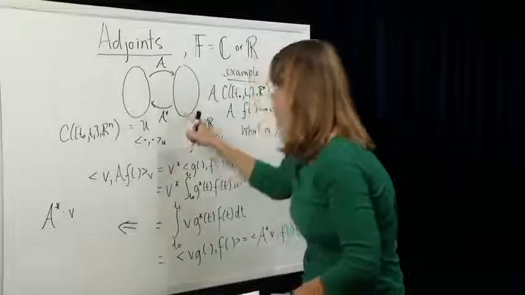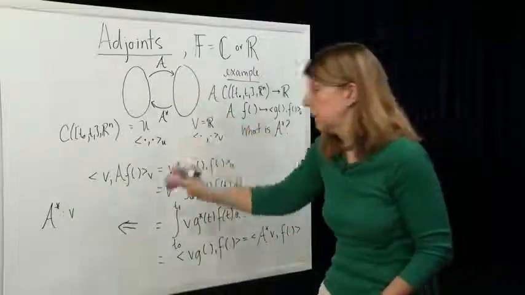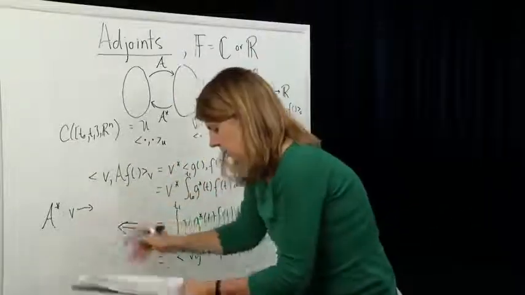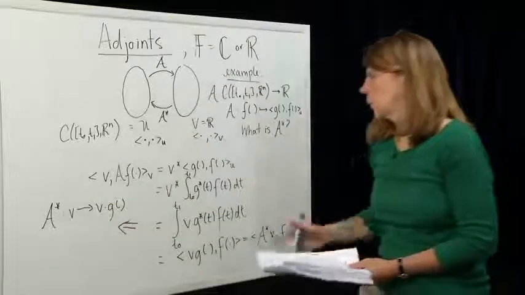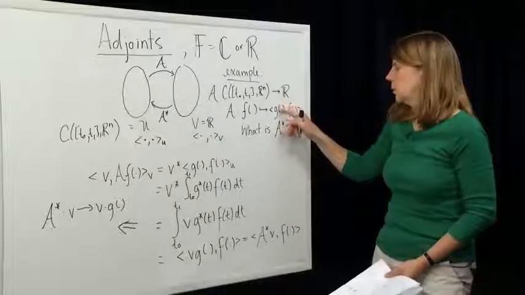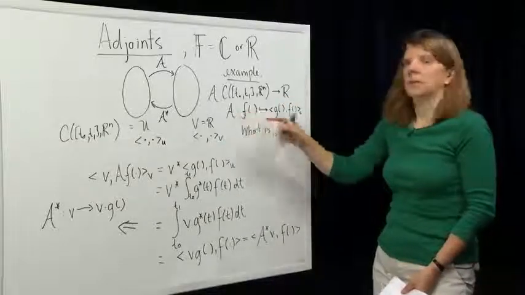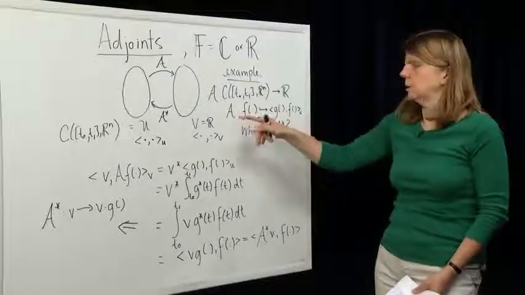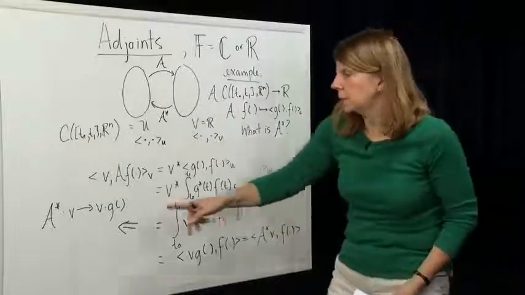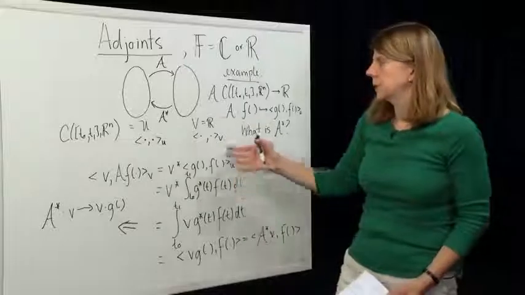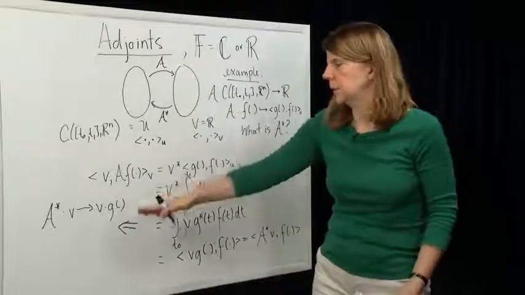It just takes vectors V, so elements of the reals, and it gives us a function which is just VG, where G is the function that we used in the definition of the map A. So here, the operation of A star is to simply take a real number and multiply it by the function G.